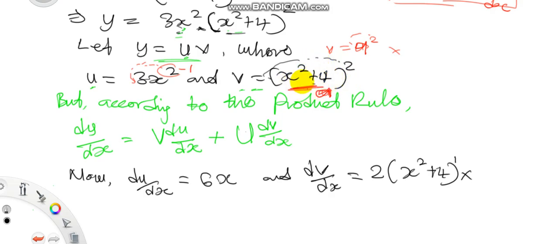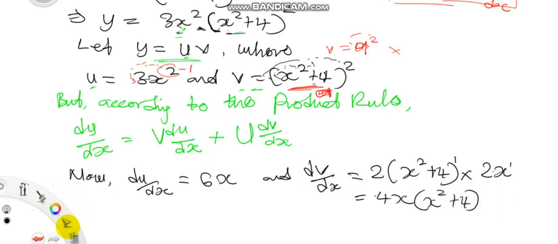For x squared, we multiply by 2 because 2 is the power, and then subtract 1 from it. So this is 2x, with x to the power 2 minus 1 being just x. Multiplying out, 2 times 2x is 4x, multiplied by x squared plus 4.